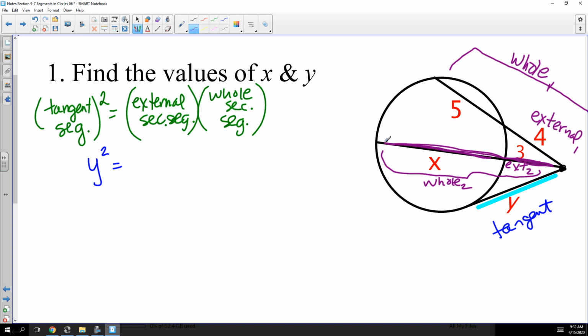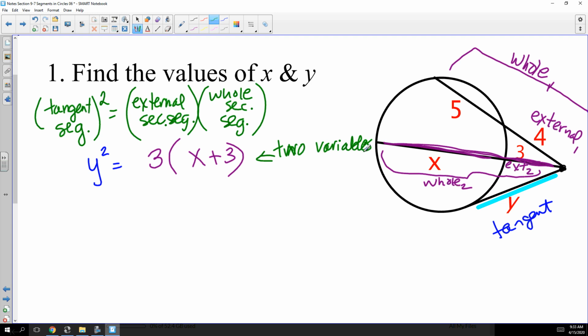The external secant segment, 3, times the whole secant, which would be x plus 3. Well, what's going to happen in this case? We can't solve it all the way because we have two variables, and we don't have a system, we can't solve it just yet. We could probably use a system, but it's not a good idea.